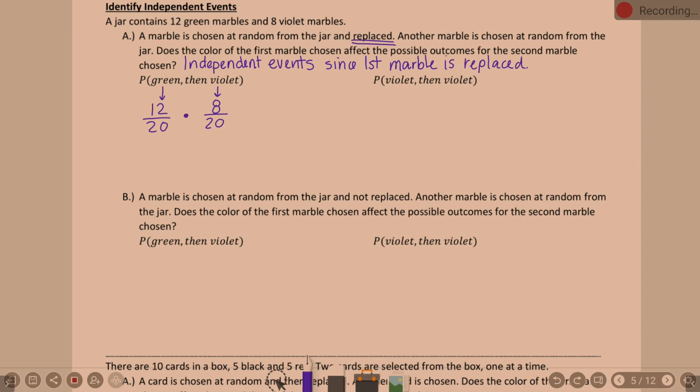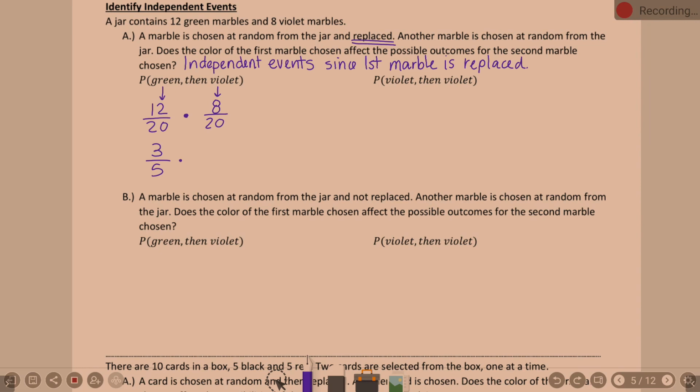Now, you can multiply those big numbers if you want. My preference, though, is to reduce first. What is 12/20ths reduced to? 12/20ths reduces to 3/5.